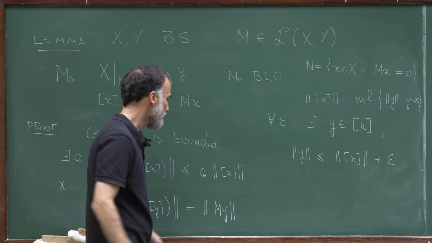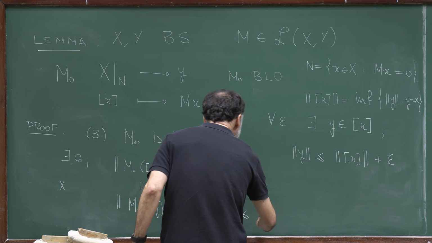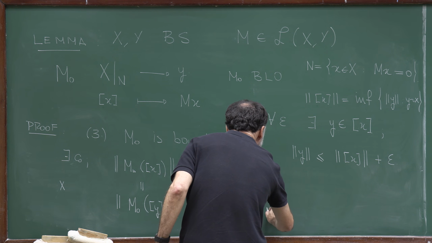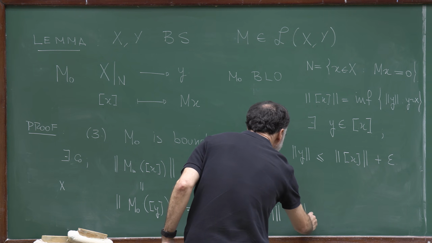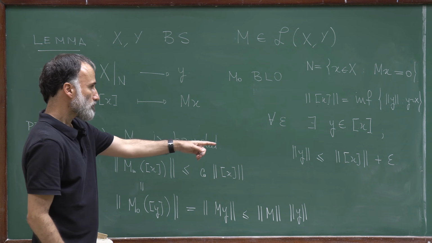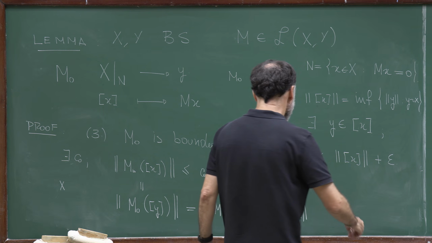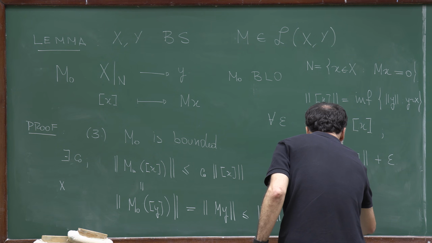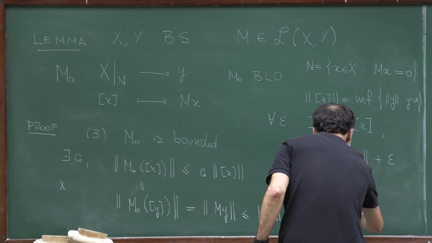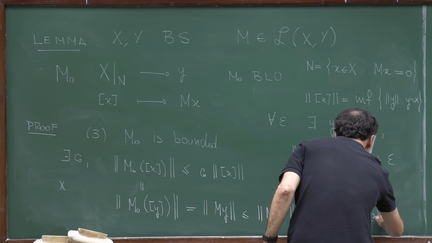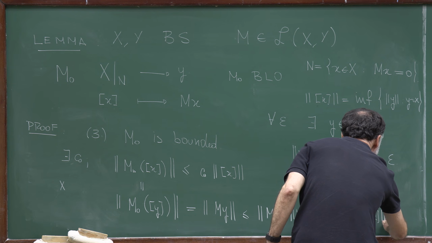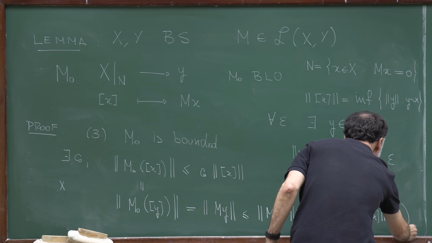Since M is a bounded operator, this is bounded by the norm of M times the norm of y. And the norm of y is bounded by the norm of the equivalence class of x plus epsilon.